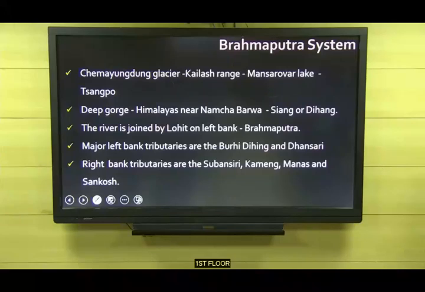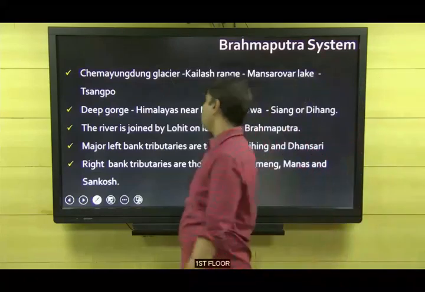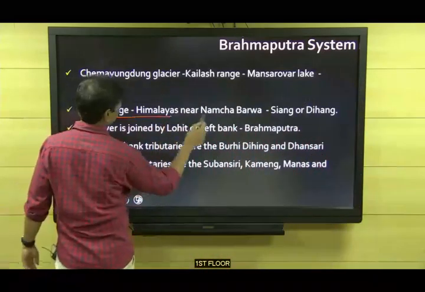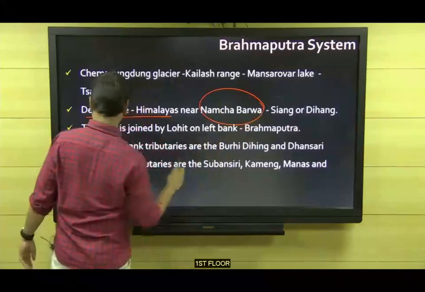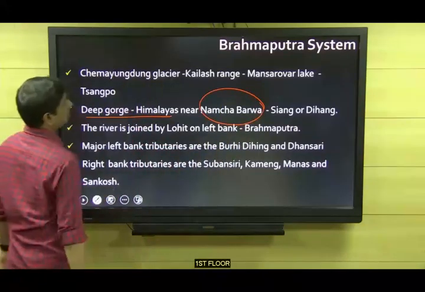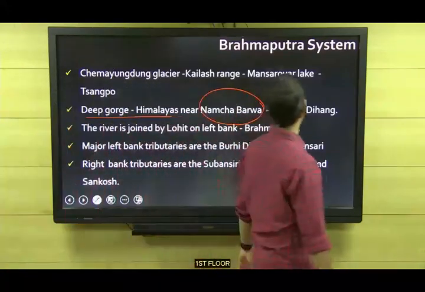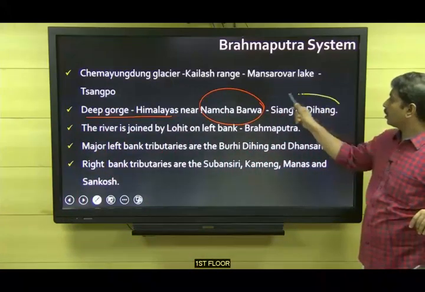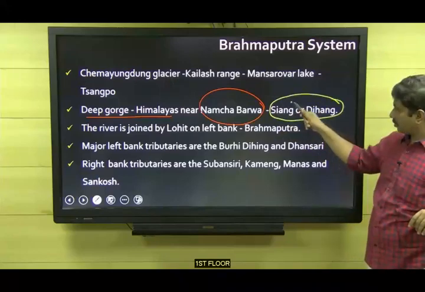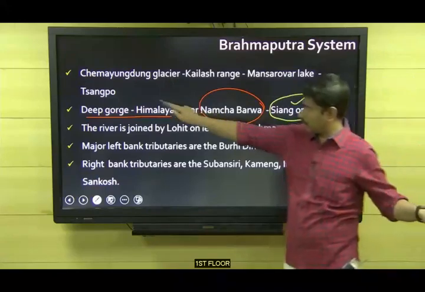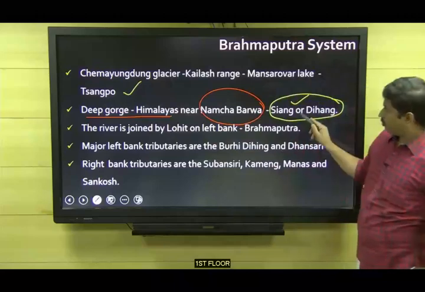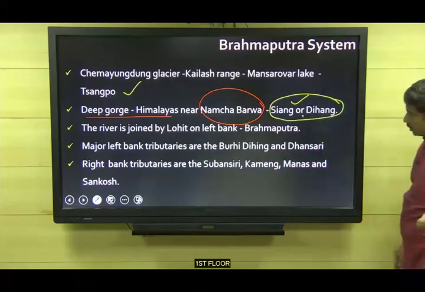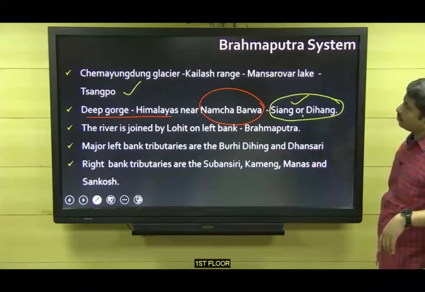It forms a deep gorge in the greater Himalayas near Namcha Barwa, a Himalayan peak in the Tibetan region. After the gorge, the river is known as Siang or Dihang.